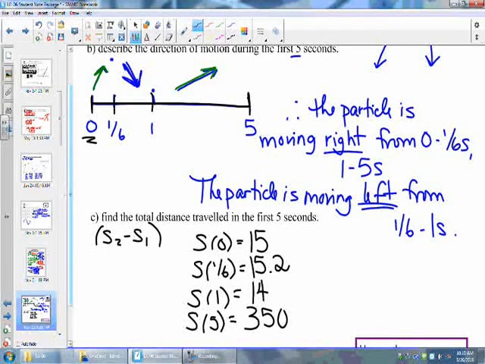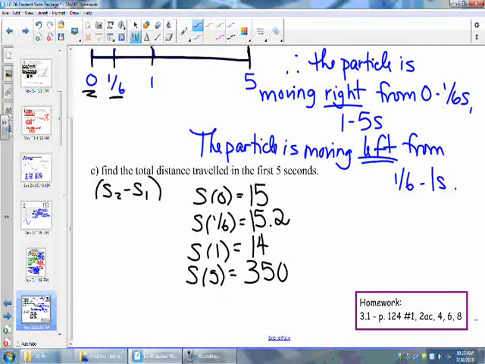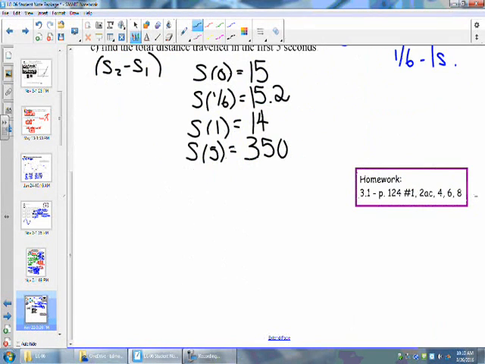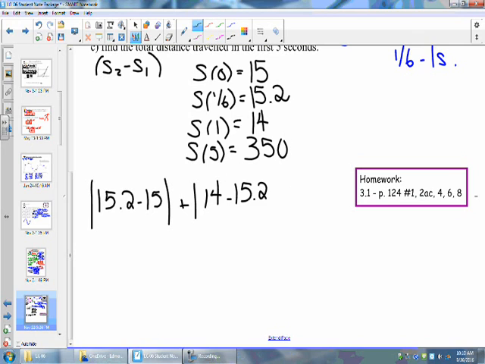So if I want to look at the distance traveled, so how far did it get from here to here, well, all we need to do is take that second one and subtract the first one. But remember, distance is always positive. So we can use our absolute values here. Okay? So again, we're taking that second one and we're subtracting the one before it to find that total distance.